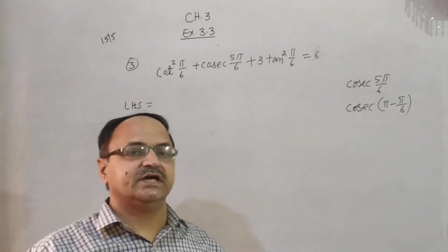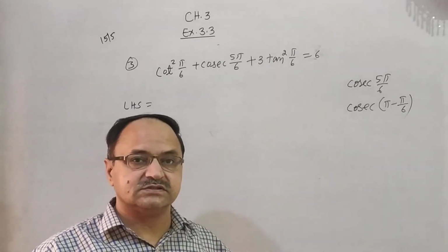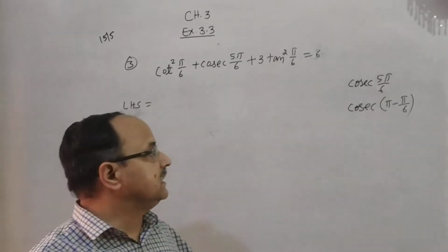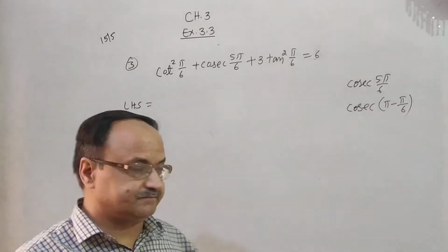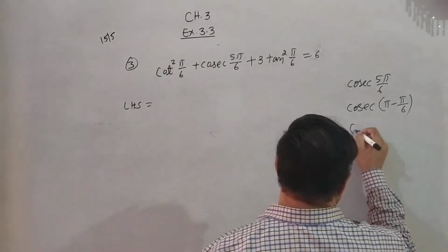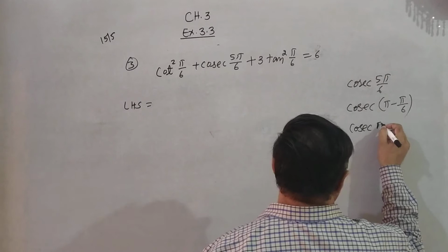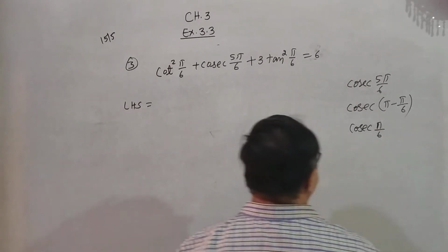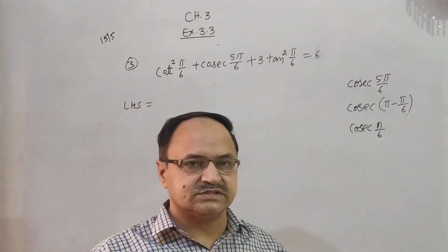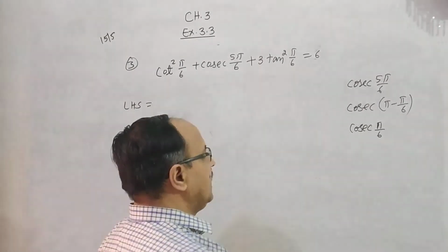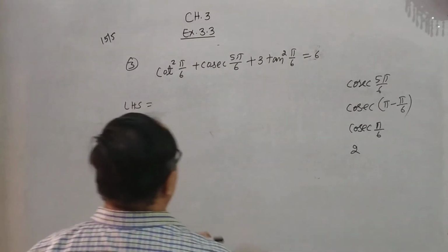Pi minus theta lies in second quadrant, and you know that in the second quadrant sine and cosec are positive. Therefore you can write here cosec pi by 6. And it is a case of 180, therefore no change of ratio, cosec as it is. And the value of cosec 30 is 2.